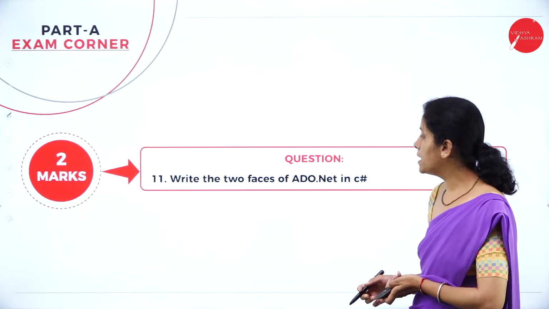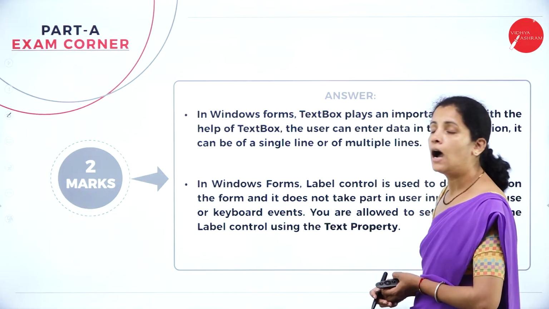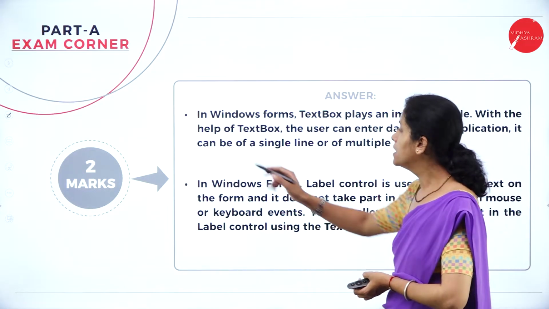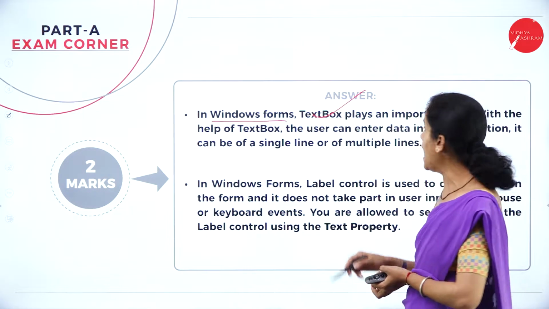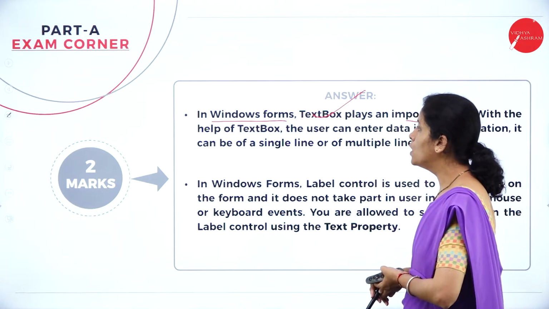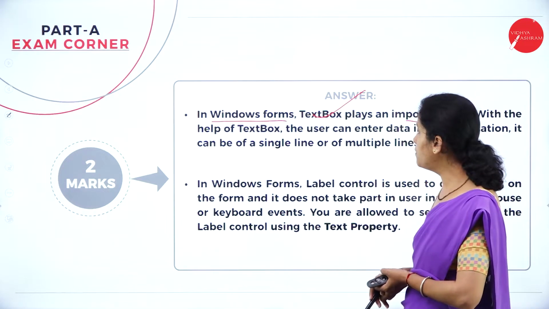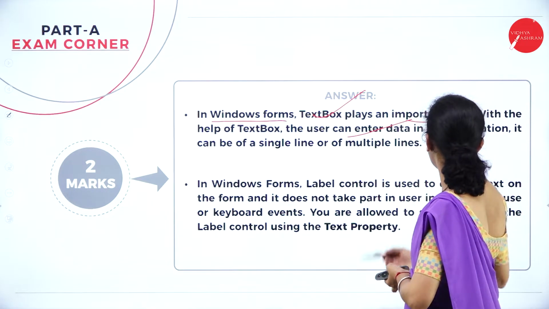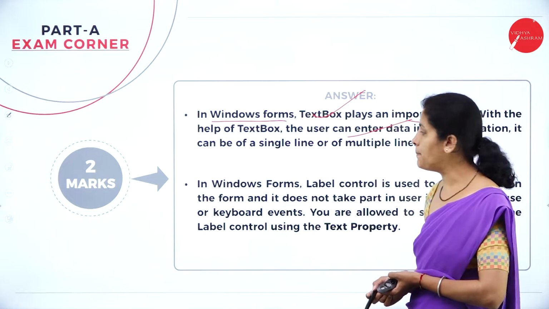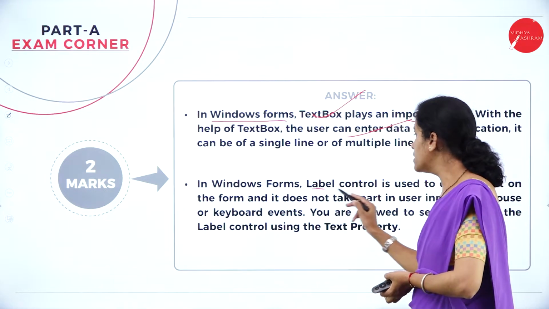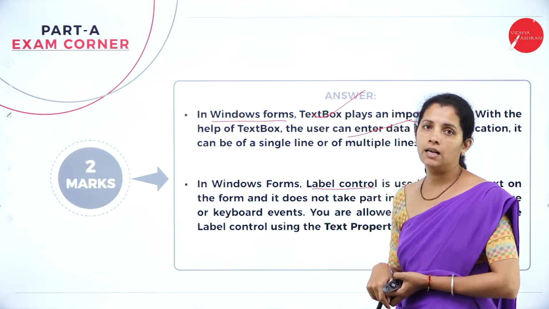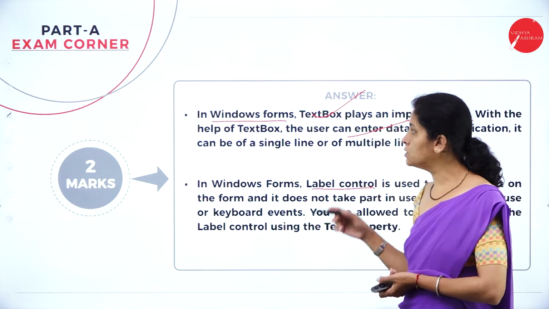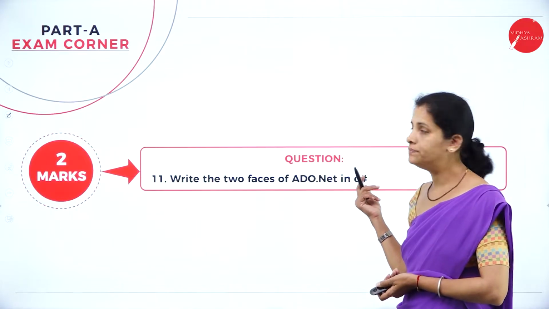In Windows Form, the text box plays an important role. With the help of the text box, the user can enter data in the application. Even you can consider label control, and even button control. So these are some of the methods.